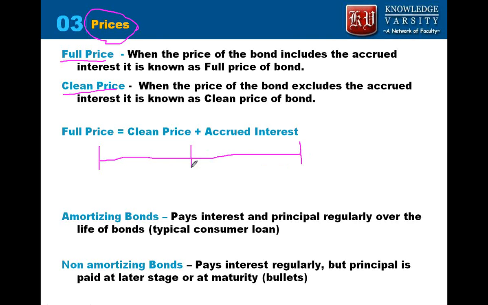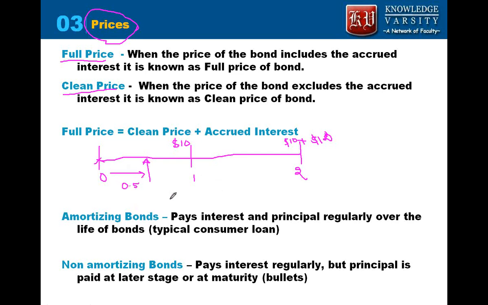So let's take a 2-year bond paying an annual coupon of 10% and a face value of 100. So it pays a coupon of $10 and then a face value of $100 in the next year. Suppose some person bought the bond at time t equal to 0 and wants to exit the bond after half a year.